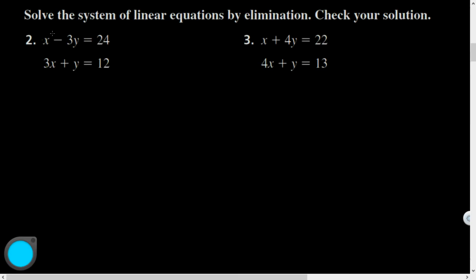For the x's, what does 1 and 3 both go into? What's a number that they both divide into? Like, they both fit into 6, they both fit into 12, they both fit into 3.